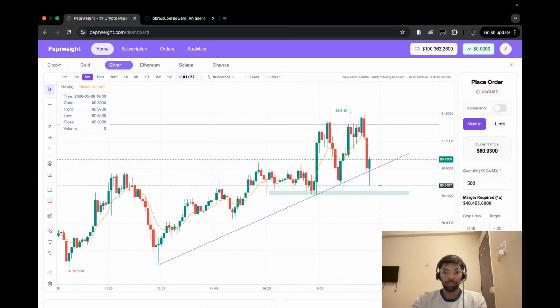I'm quite interested in seeing the follow-up candle. This is good. This is good. This is actually good. Should I punch the trade over here?